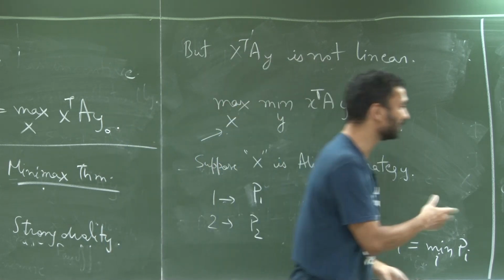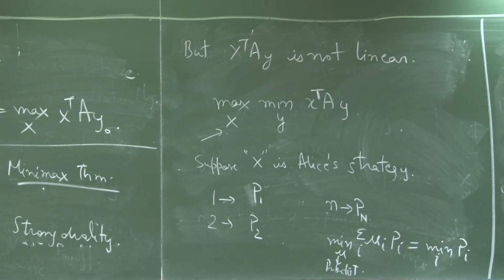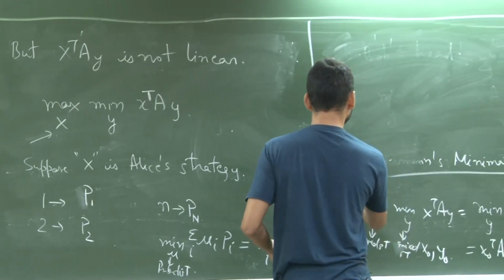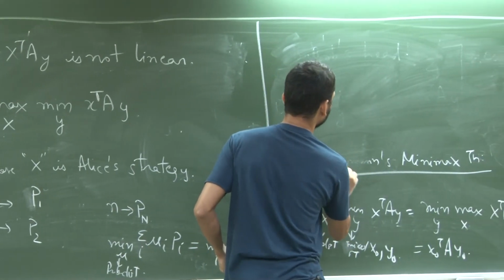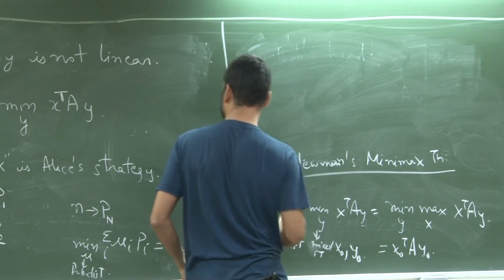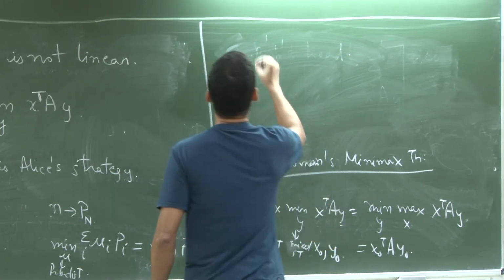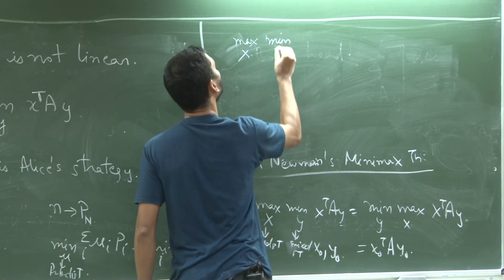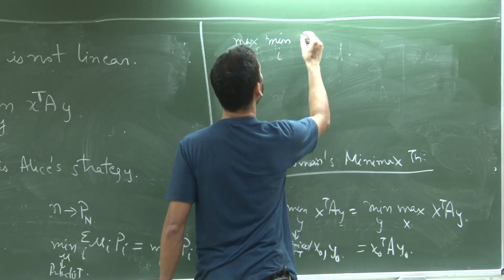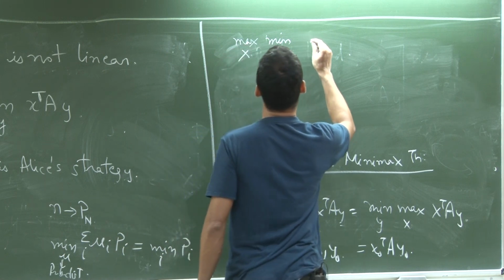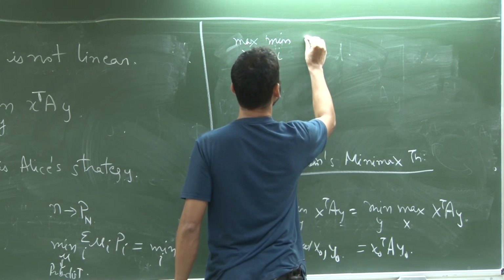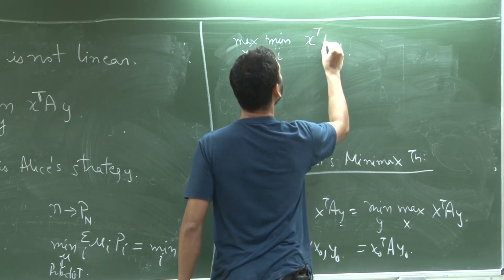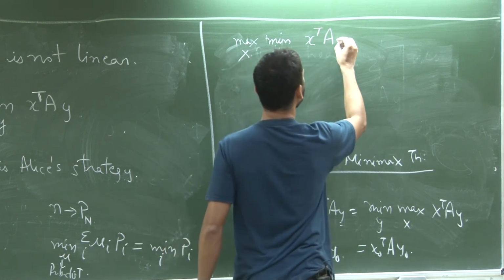Okay, so now let's convert it into a linear program. I shouldn't erase this, no? Okay. So the rest of the proof in this much space. Whatever is the payoff, the payoff would be A star i, or A i star?